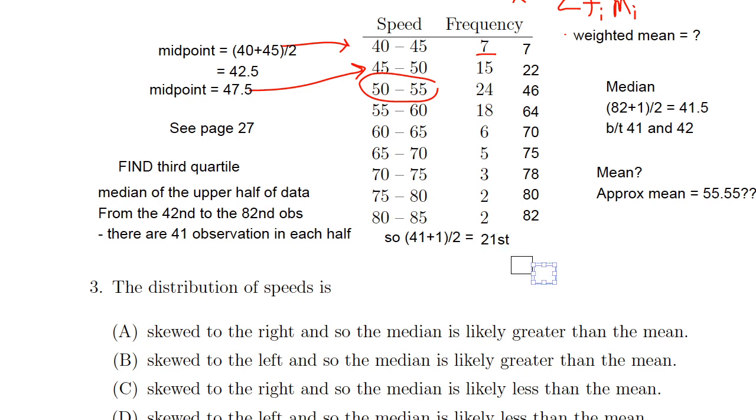So you've got to count approximately 21, where a few of them fall in this class, right? Because it's between the 41st and the 42nd, and that leaves you a few. So if you notice, we've got to go through 21.